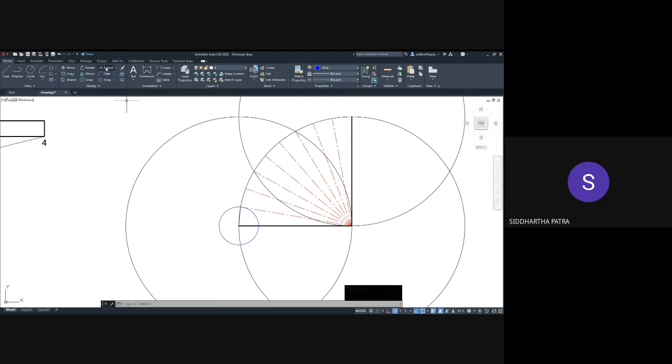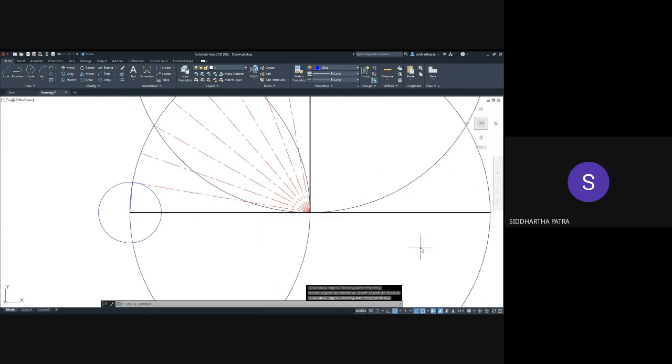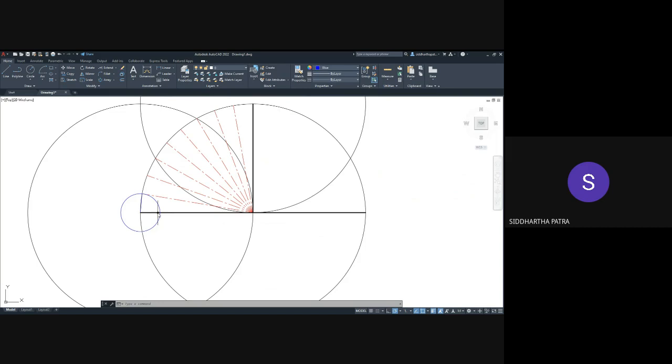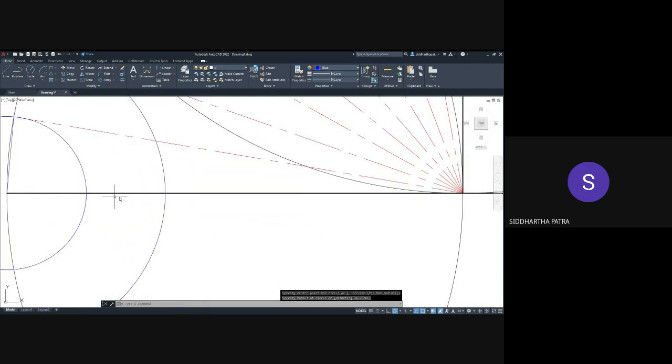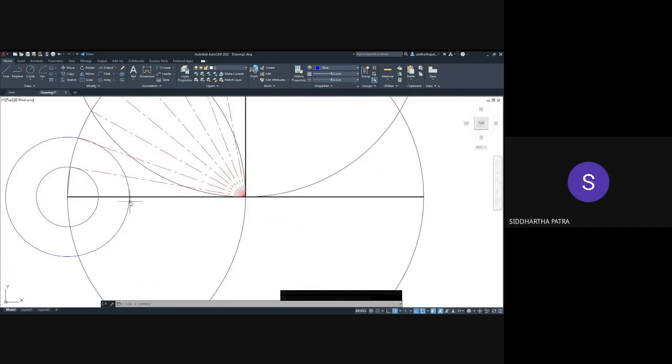So I can expand this horizontal line like this, and accordingly mark the chord length for each angular section. So this is 10-degree. Next comes 20-degree, and at this point it might look like the 10-degree segment and 20-degree segment are changing linearly.